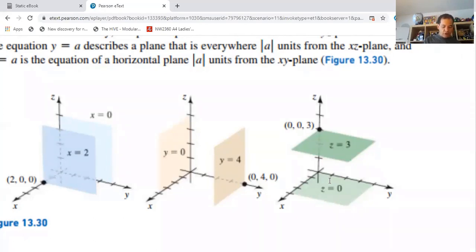Okay, so we want to talk about a few other things. To begin with, we want to talk about the distance. What is the distance of 2 points in 3-dimensional space? How do we find the distance of 2 points in 3-dimensional space? So let me go back to the paper.